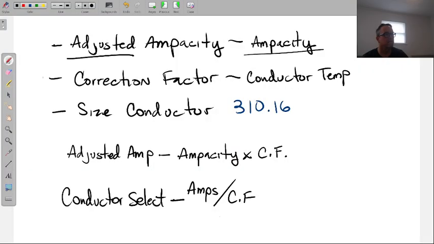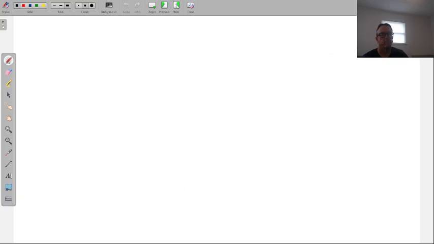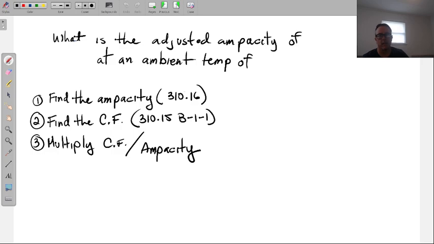Then for this one, we have to determine what the question is asking us for the temperature, right? So let's look at example questions like that. We have to figure out which one the question is asking us to do, because one is multiply, one is divide. So I'm going to make it as straightforward as I can.